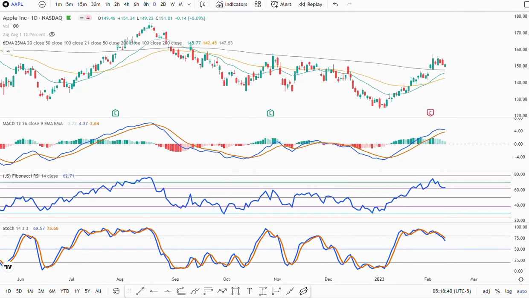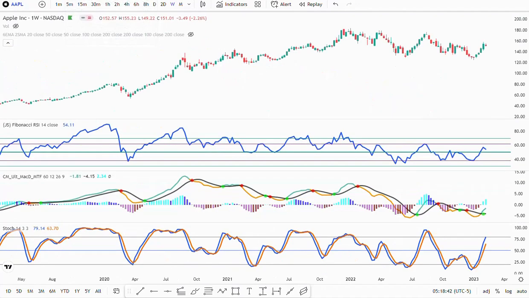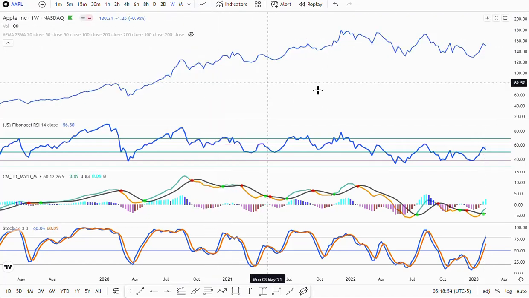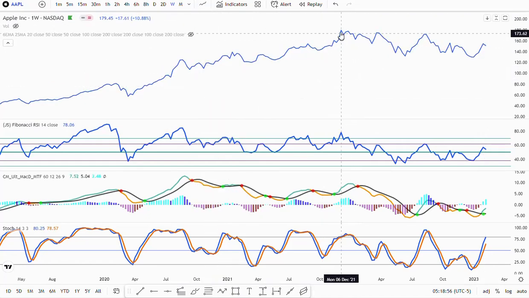Now let's have a look at the weekly chart just to see what we can see. So again, you see that since forming a low in early January, we've had a strong run up on a weekly basis. Now, if you look at the line chart, you'll see the pattern a little bit more clearly. You can see that it was making a series of lower highs.